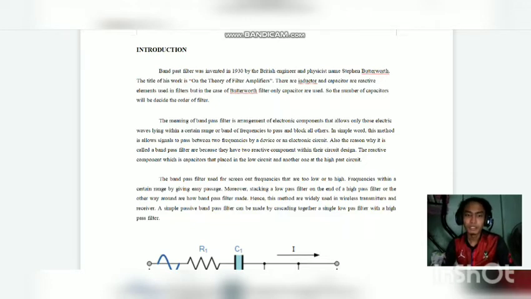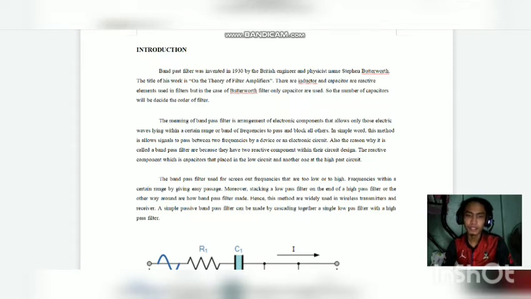The bandpass circuit is used to screen out frequencies that are too low or too high, so it passes frequencies within a certain range by giving them easy passage. Moreover, sticking a low pass filter on the end of a high pass filter, or the other way around, is how a bandpass filter is made.